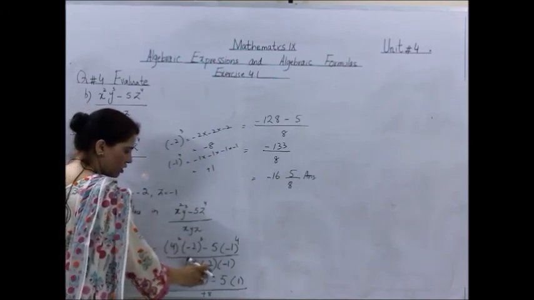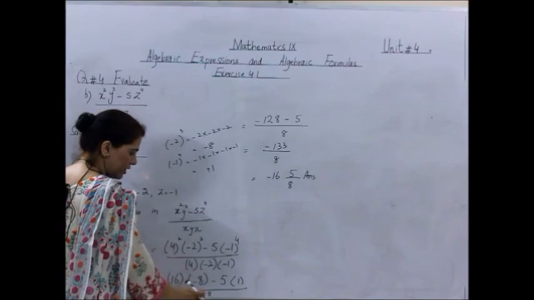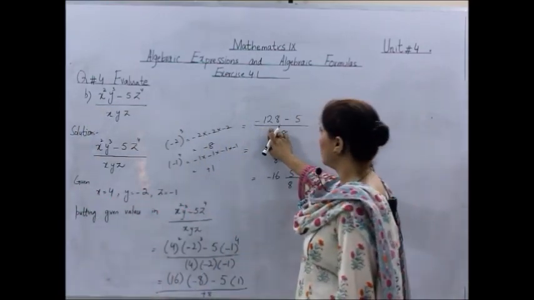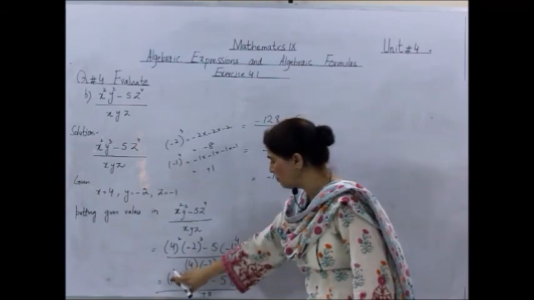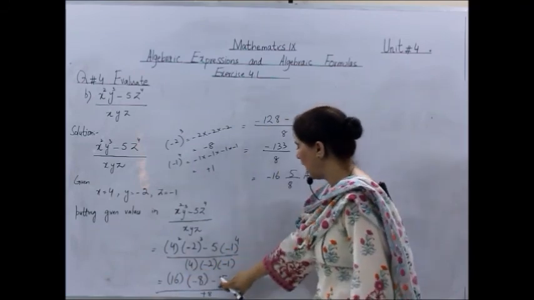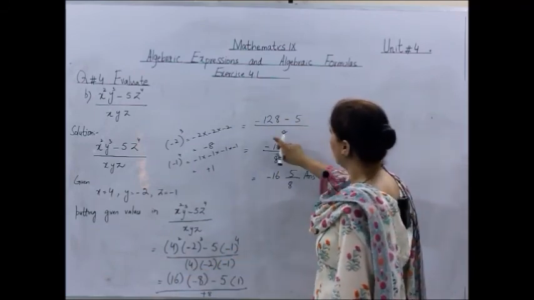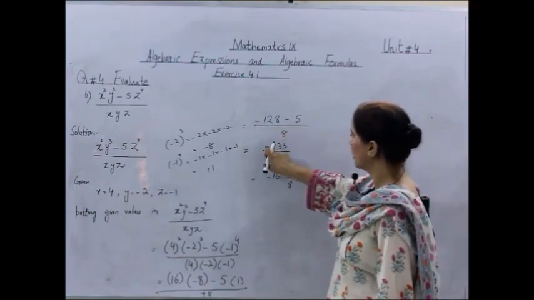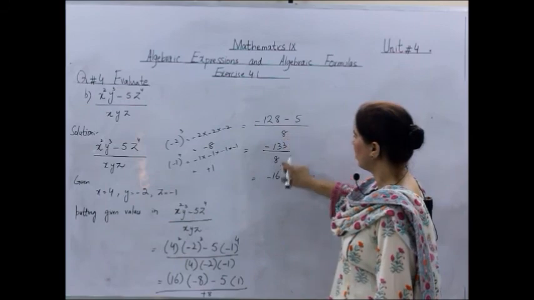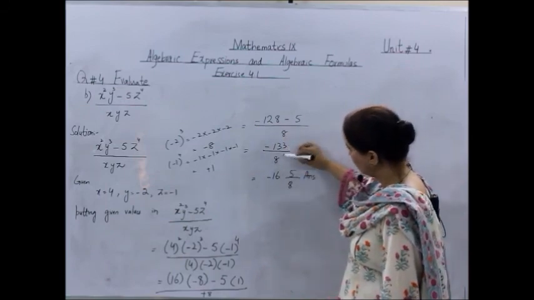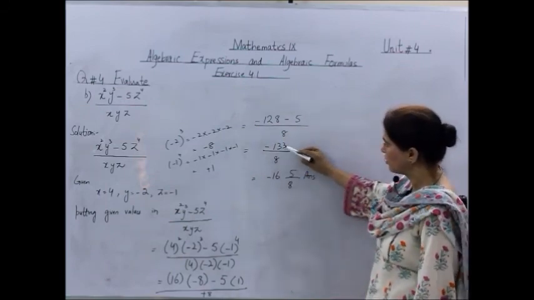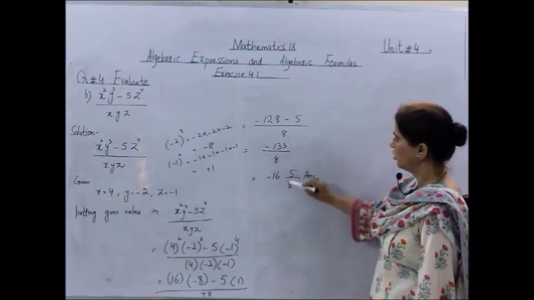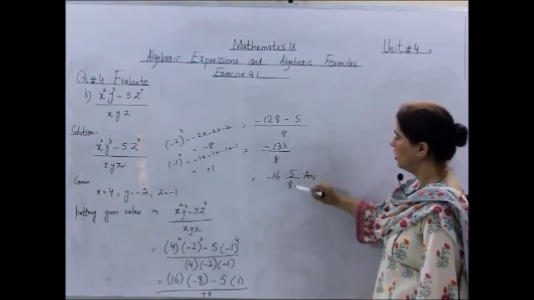In xyz, 4 twos are 8, minus times plus is minus 8. Okay, 16 eights are 128, so -128, and again plus minus, and this -5 is there. Again minus plus, and the sign will be of the greater number, minus, divided by 8. And this is an improper fraction. We will make it a mixed fraction, and you will have your answer as 16 whole number 5/8.